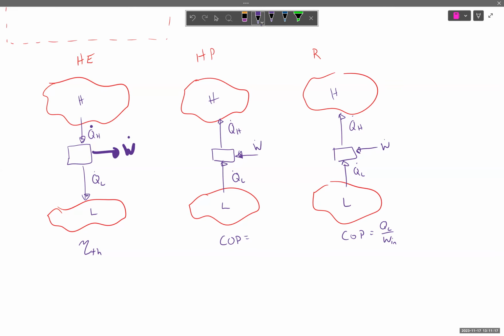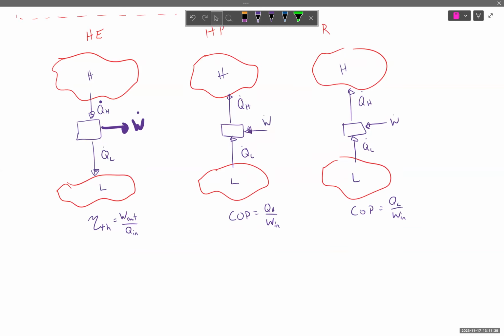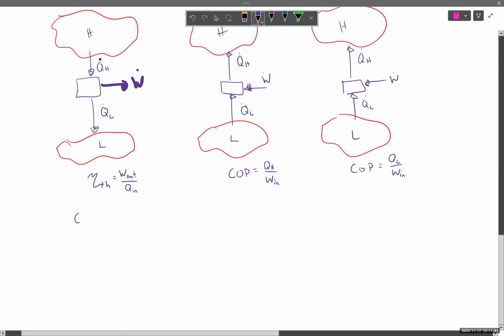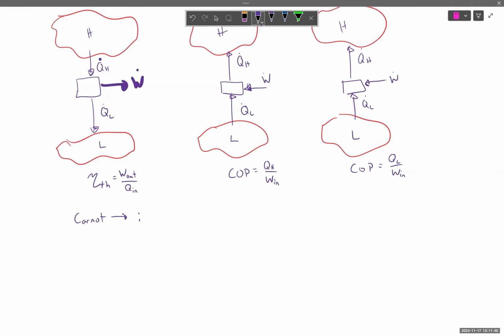For the heat pump, what do we want? We want the QH. So it'd be QH over work in. And thermal efficiency for the heat engine, what do we want? Well, we want work. We say work out over what's needed to make that happen, heat in. And recognize that we said, oh, okay, we have Carnot, that just implies ideal.